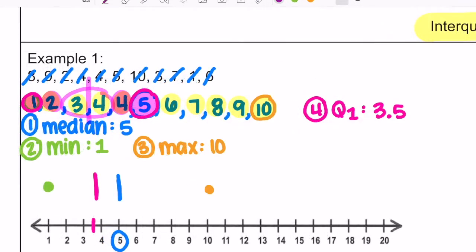Okay, so Q3, step 5, our upper quartile, is the median of the other half of the list. So we're going to start with 5, and go to 10, and we're going to find the number halfway between those.